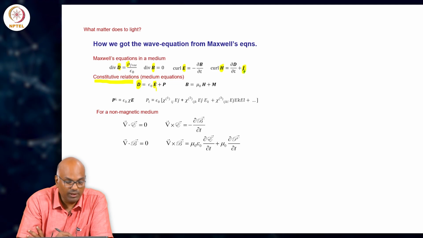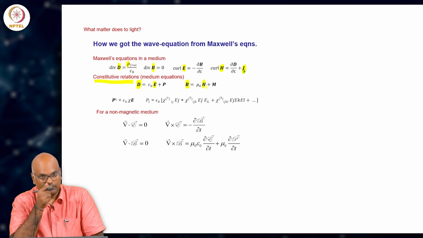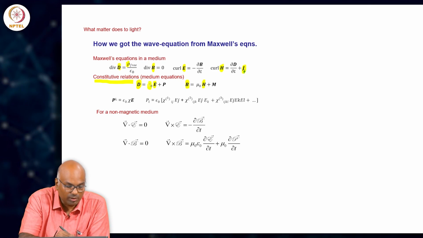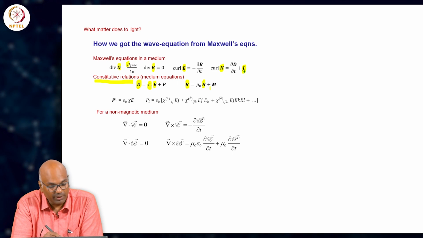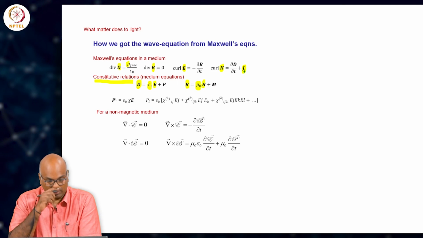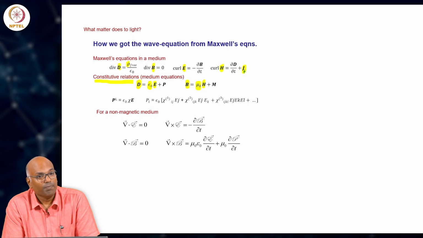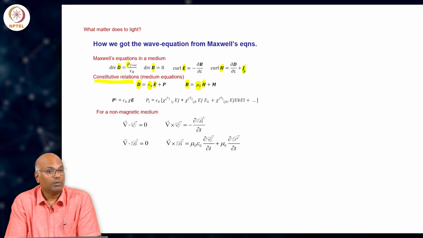D to E, B to H. Epsilon naught is the permittivity of free space. Mu naught is again a property of free space, right. So, these cannot be material specific or medium specific.